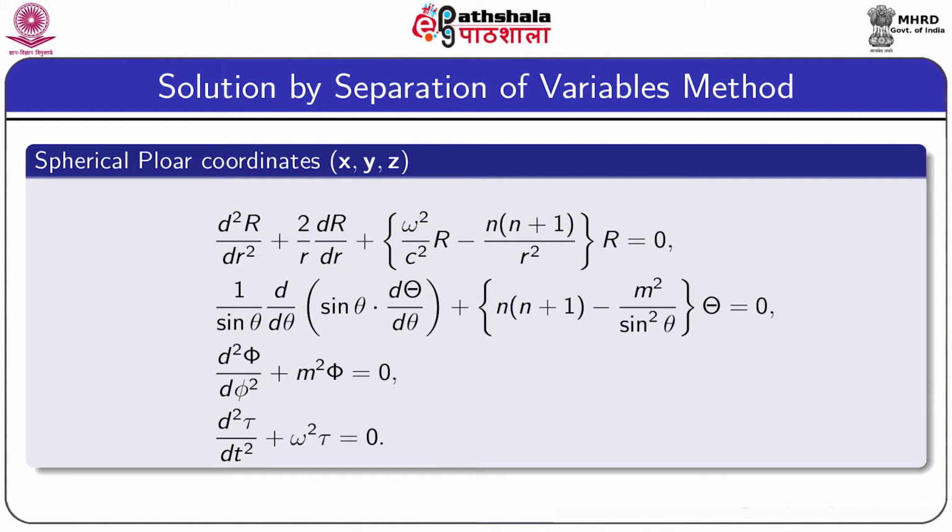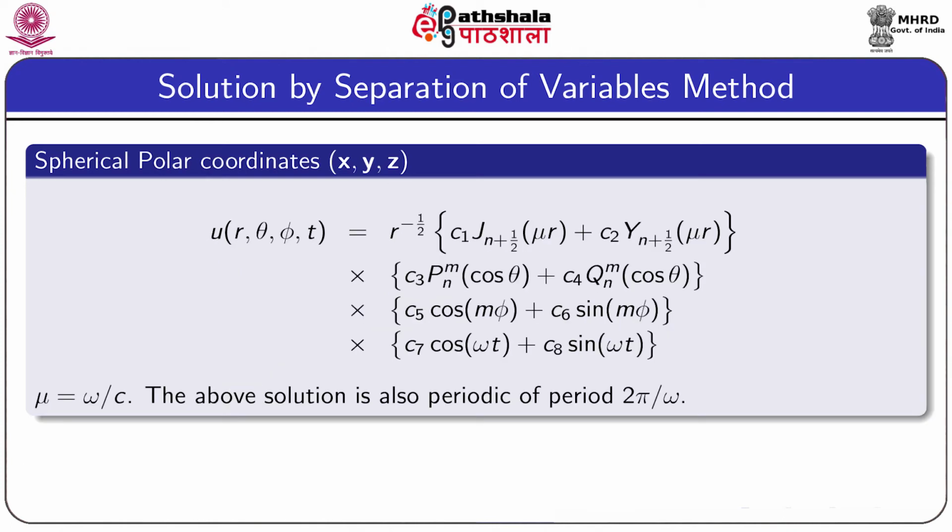Now, the theta equation is not familiar to us, but if we do some substitution, that means if we put cos theta equals to some variable mu, and write the equation in terms of mu, that means if we change the independent variable from theta to mu, we shall obtain the Legendre equation. Rather, we can say that we will get an associated Legendre equation. So, its solution is the linear combination of associated Legendre functions.